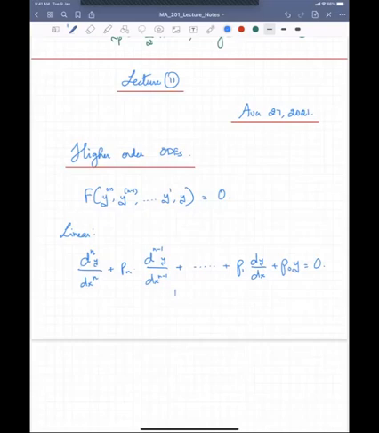Okay, so this is a linear homogeneous nth order ordinary differential equation.